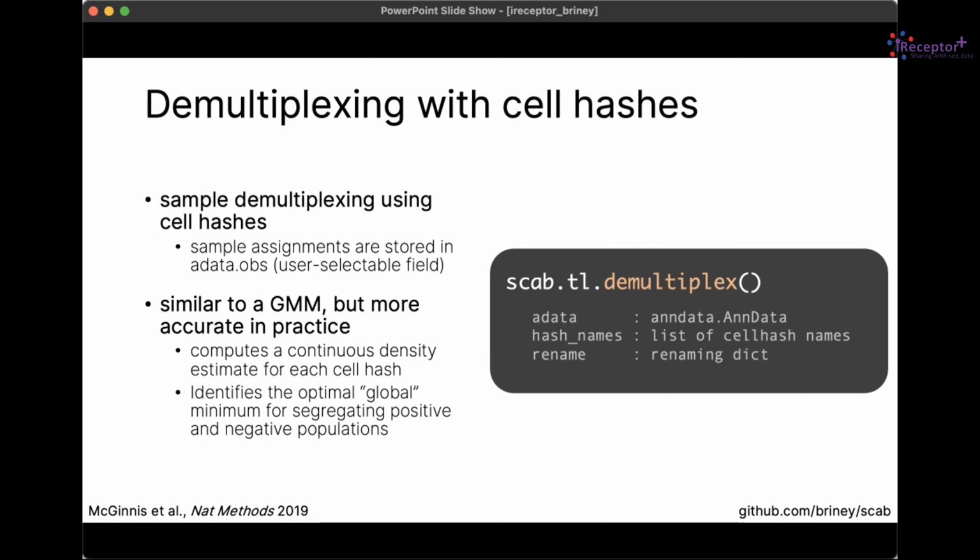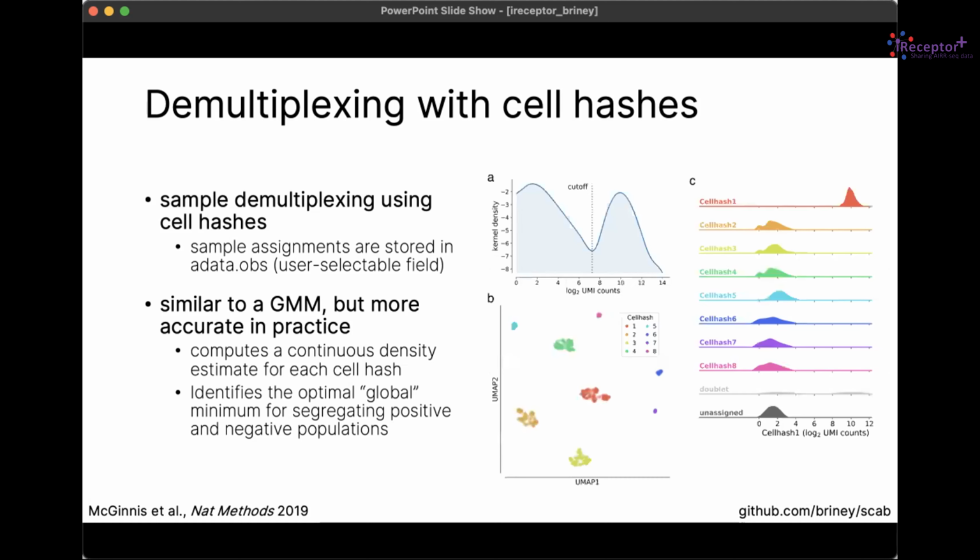We found that Gaussian mixture models can start to fail when you have individual cell hashes that are low frequency, below about 5% of the number of cells in your sample. So if you're working with anywhere between 10 and 12 cell hashes and the populations aren't almost exactly evenly distributed, you're going to find some populations that are less than 5%, and you're going to start seeing potential issues with a Gaussian mixture model.